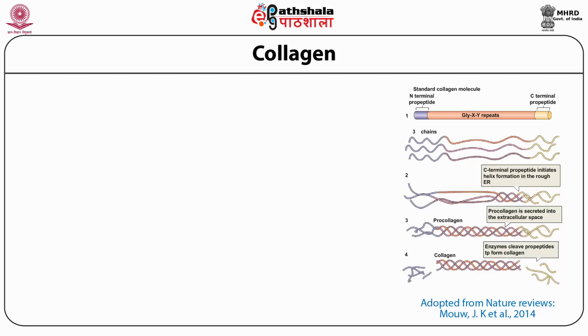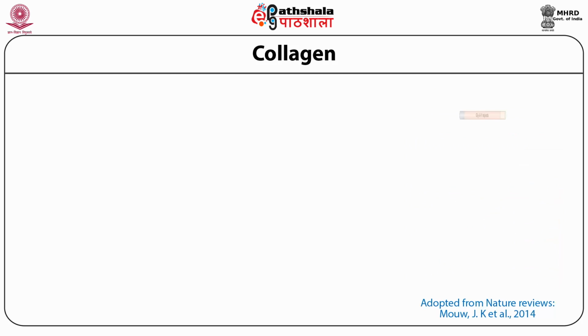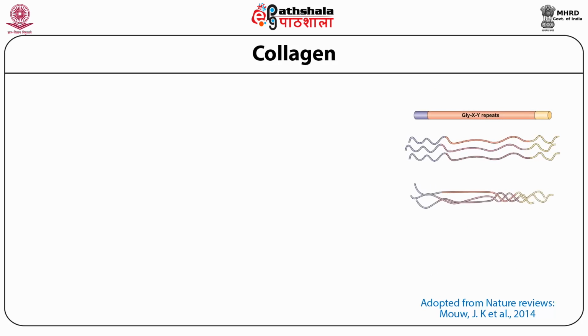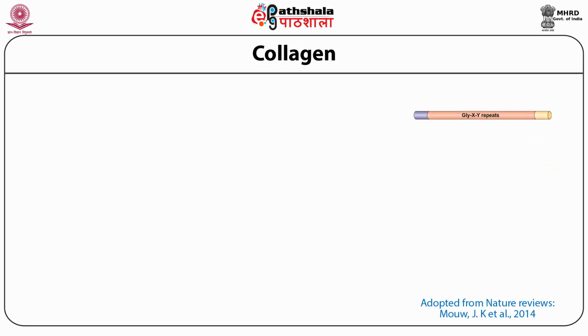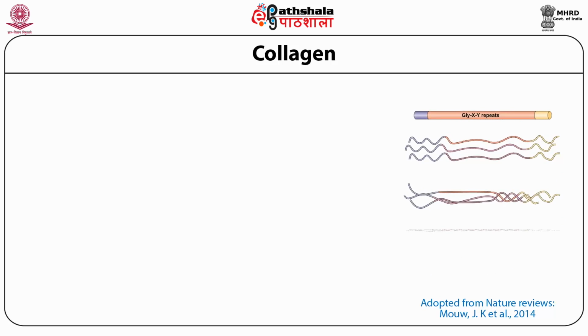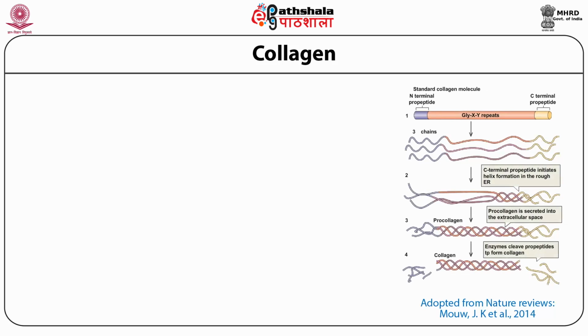These three polypeptides come together to form the triple helix. Once this procollagen is formed, the ends are cleaved by different enzymes, and the central part, the collagen, becomes a stable, independent triple helix structure.